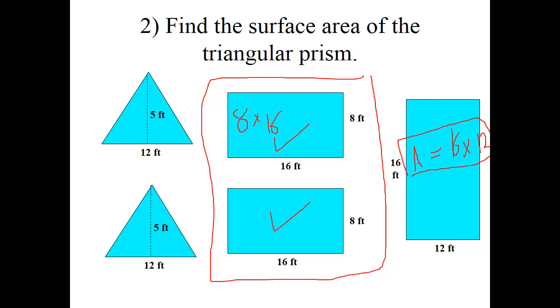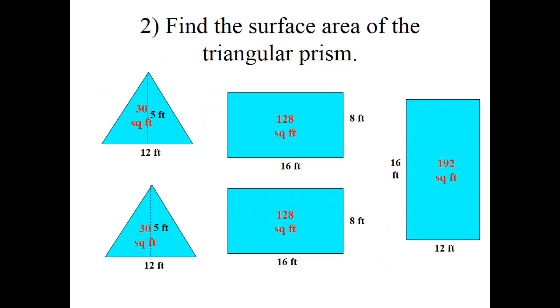So the same here is 8 times 16, and the area of the triangle is half times the base 12 times the height 5. So the area here is 30, and the same with this triangle.